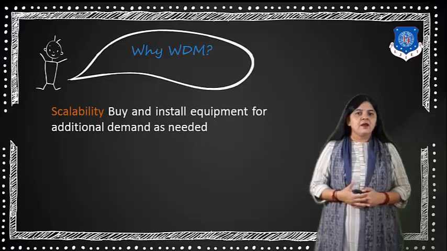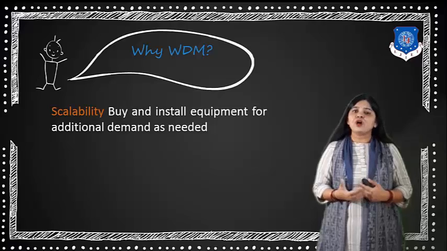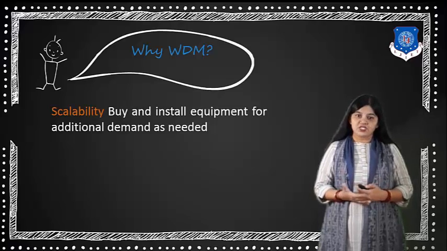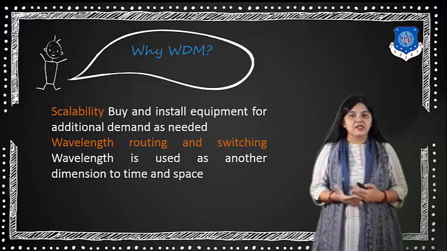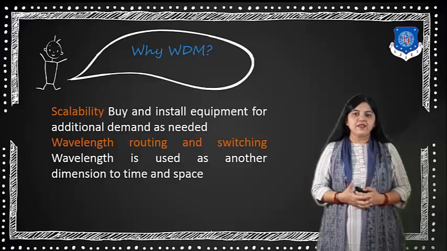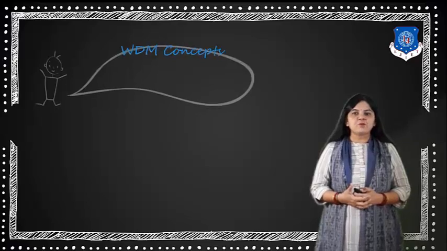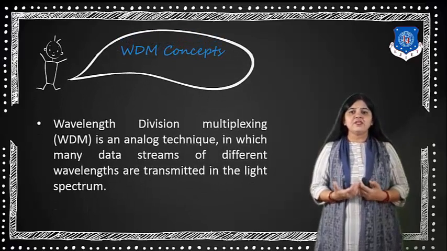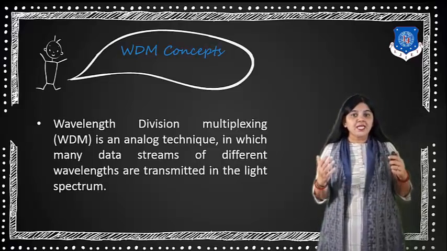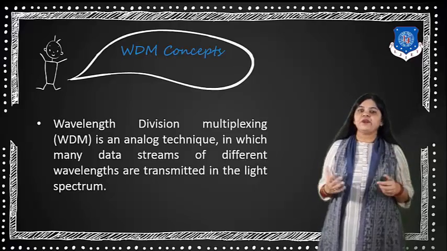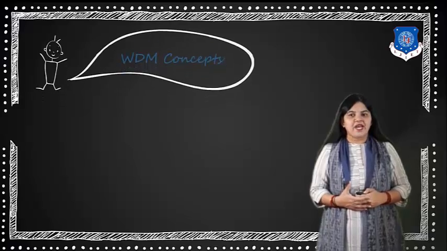We can also get scalability, where we buy and install equipment for additional demand as needed. For wavelength routing and switching, wavelength is used as another dimension besides time and space. Wavelength division multiplexing is an analog technique in which many data streams of different wavelengths are transmitted in the light spectrum.